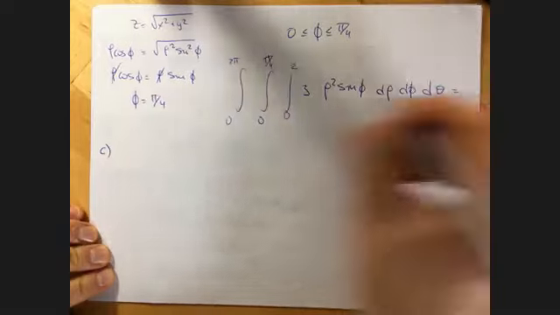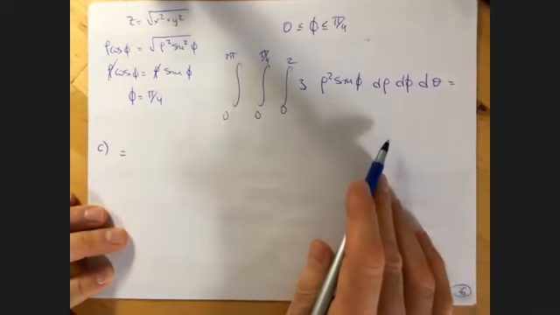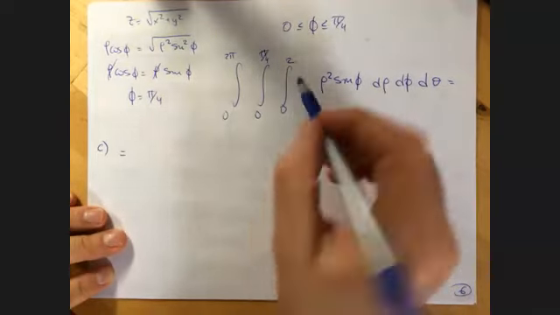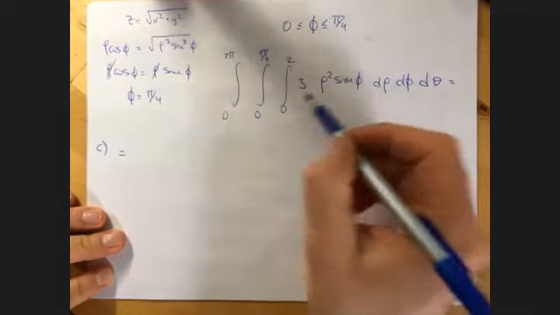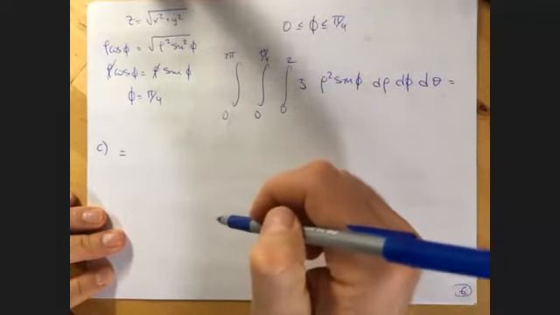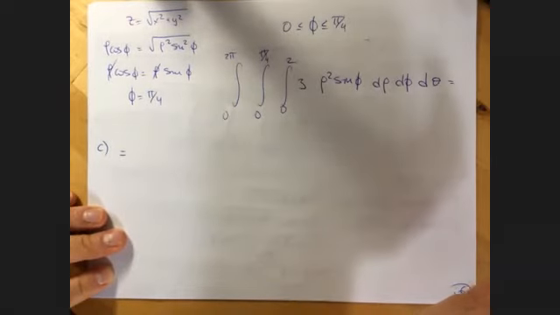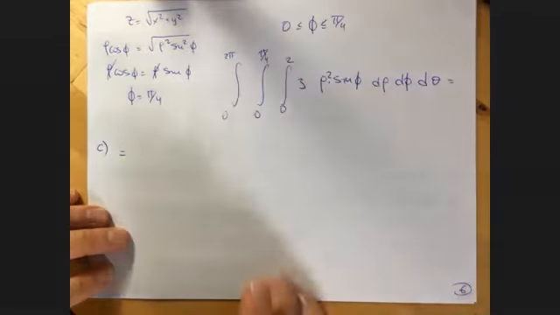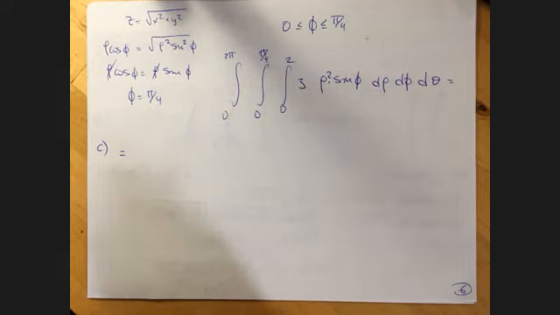This is going to be a very, very simple integral, especially because in spherical coordinates, none of the values depend on each other. So right away I can write that the integrand is expressed as a product of independent functions.